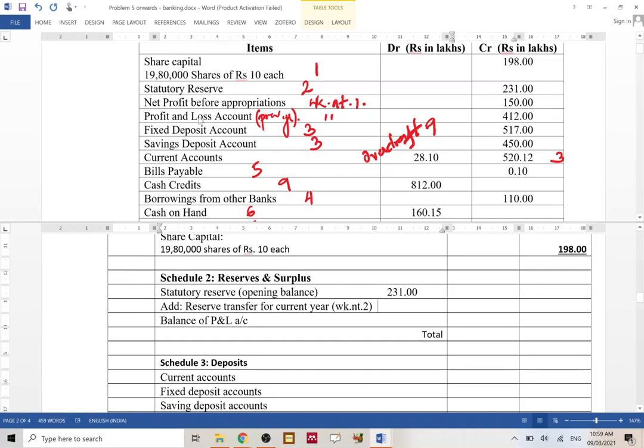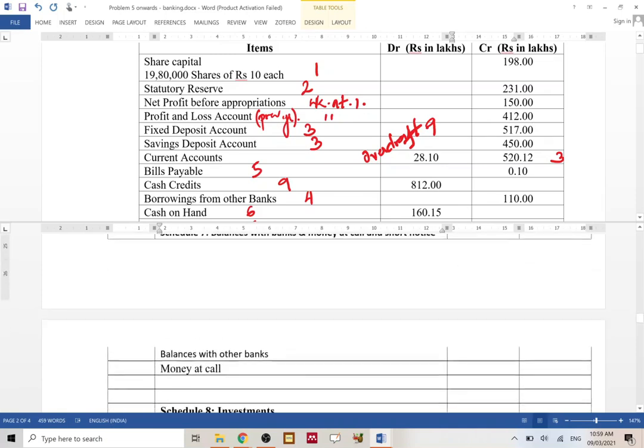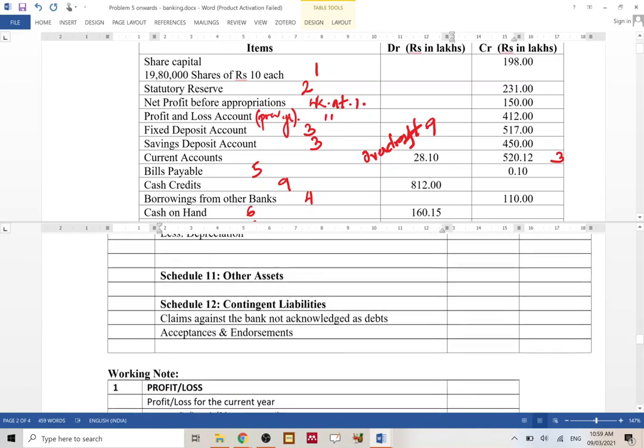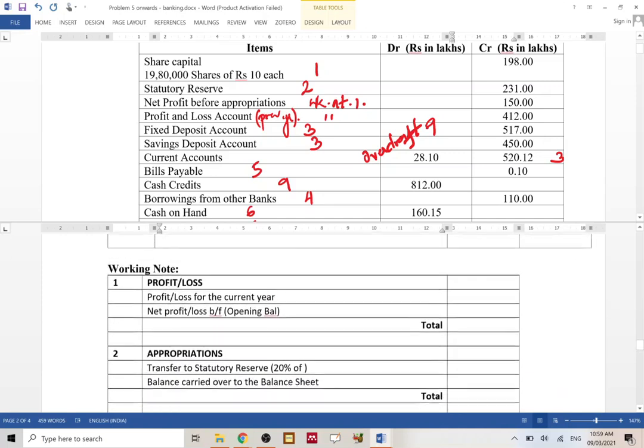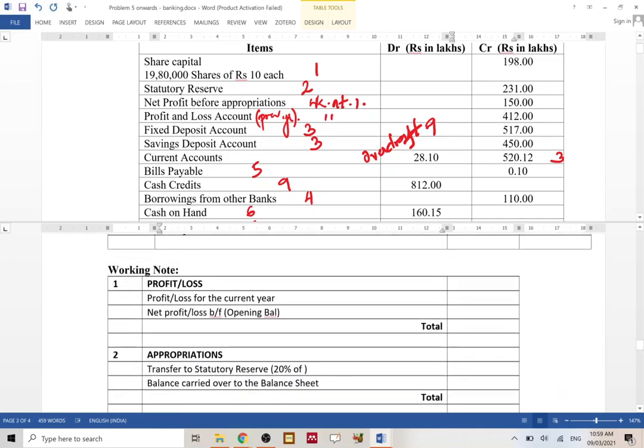Okay, now net profit of the current year before appropriation is 150, and net profit or the profit and loss account balance brought down from the previous year is 412. So as we know, in order to calculate total profits, we have to do this working note.